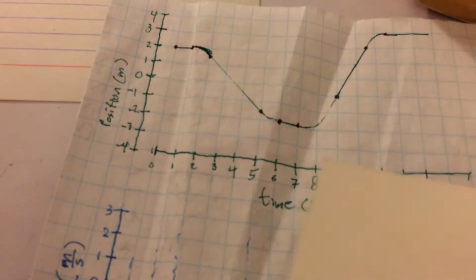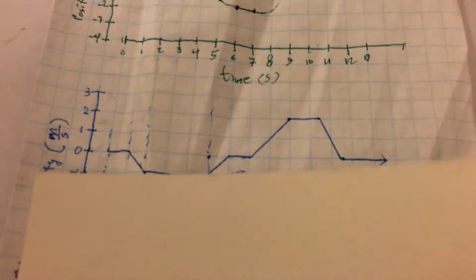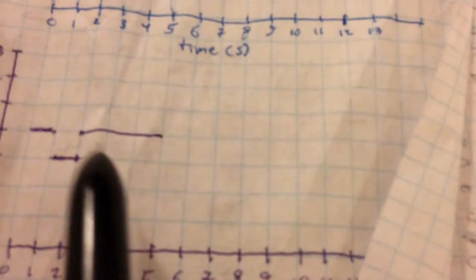And notice that wherever you see a line so far, the acceleration has been 0, because the velocity doesn't change when the position graph is a straight line. And if velocity doesn't change, no matter how fast something is going, the acceleration is 0.